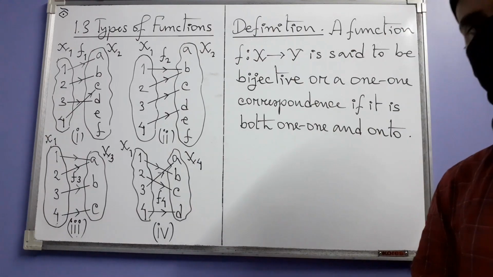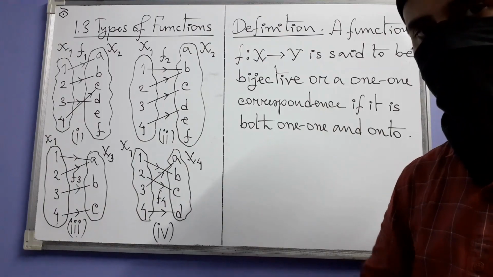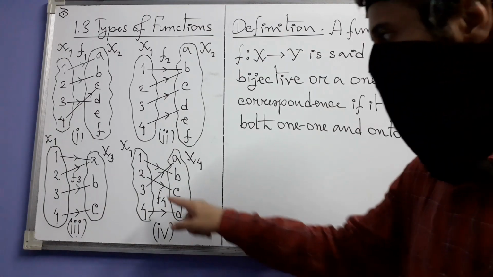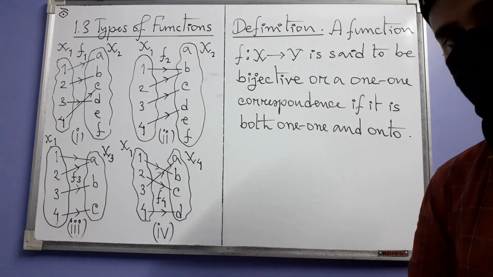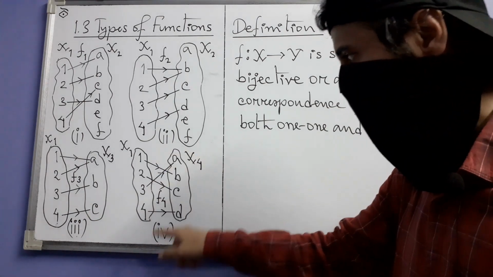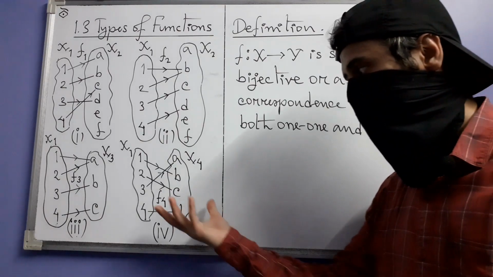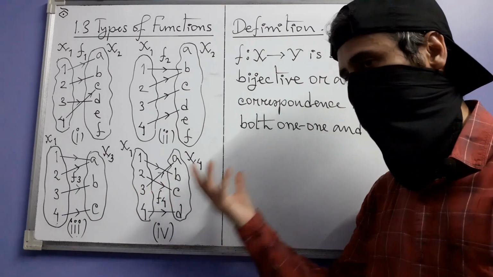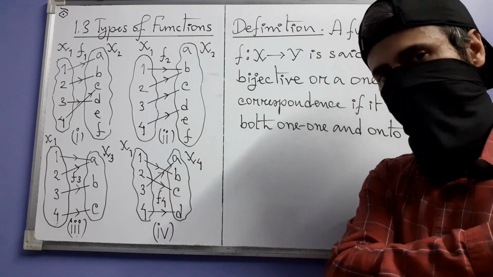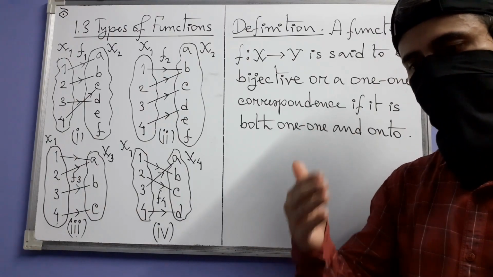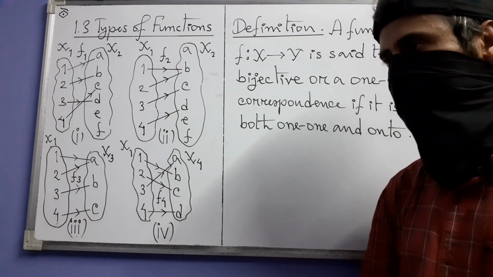But here the only one among these four, which is a bijective function, both sides have the same number of soldiers. 4 here, 4 here. The existence of a function which is bijective and the two sets between which we have the function having the same number of elements, there is a connection between these two.